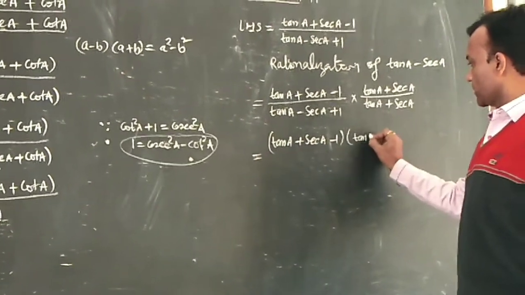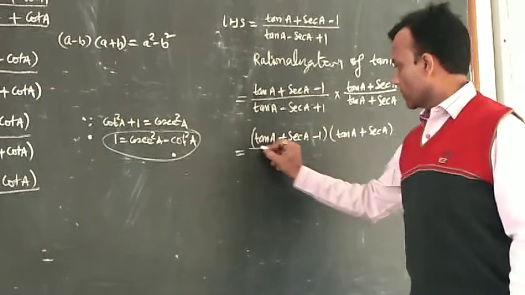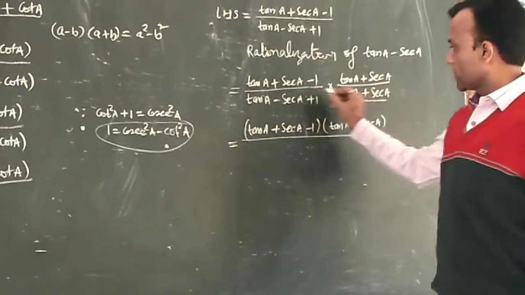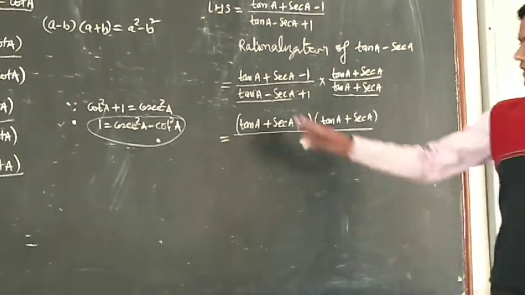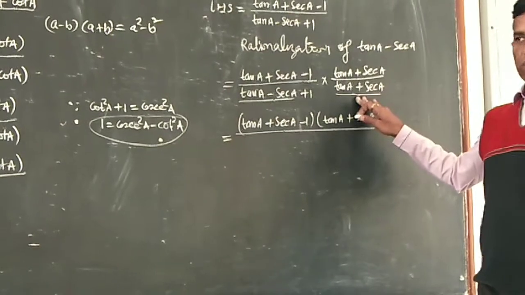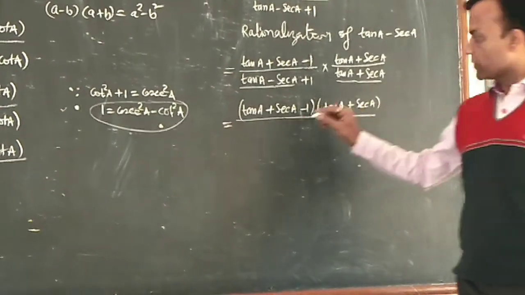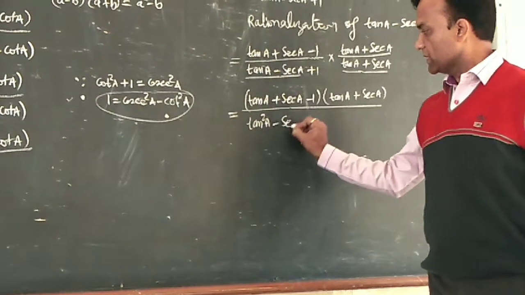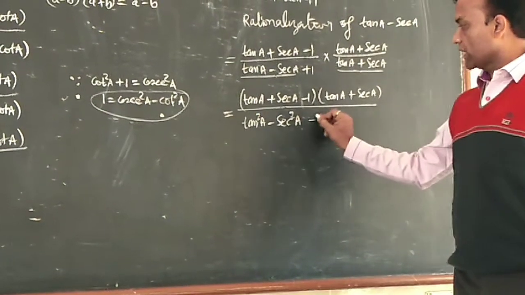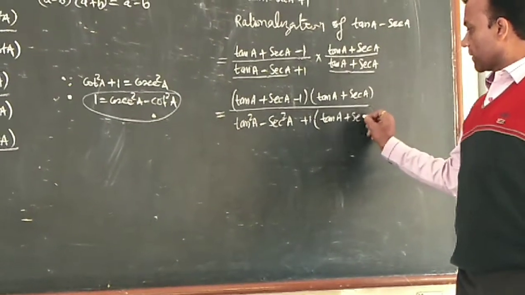Your numerator part in both brackets you write down as it is. Then this number and this number are multiplied, then again you have the identity a minus b, a plus b. What do you mean by a minus b times a plus b? a square minus b square, which means here you have tan square a minus sec square a. Then 1 with tan a plus sec a.